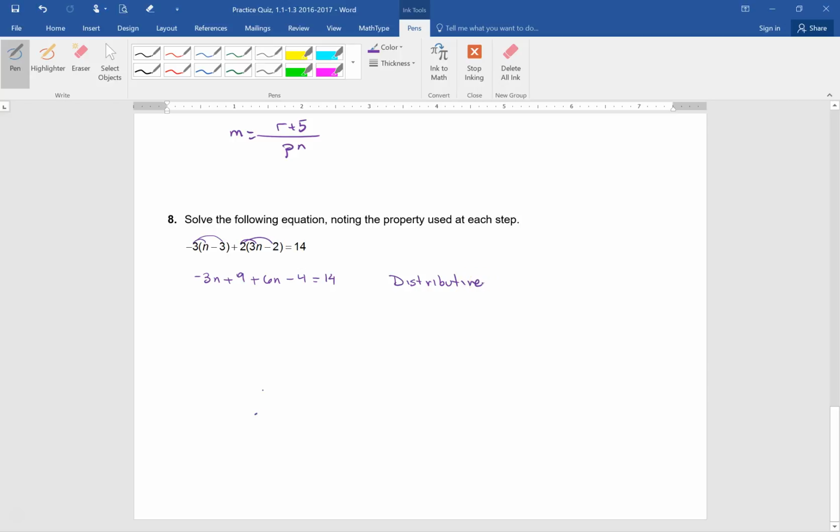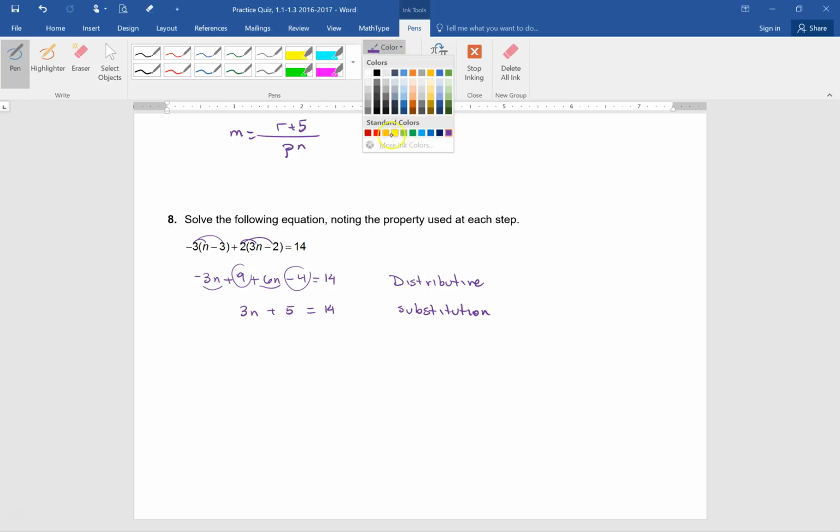Now we're going to add negative 3n plus 6n, and that's going to give us 3n. And we're going to add the 9 and the negative 4, and that's going to give us a 5 equals 14. What did I do here? Substitution. Addition and subtraction are only for when you add the same number to both sides. Now, what am I going to do here?